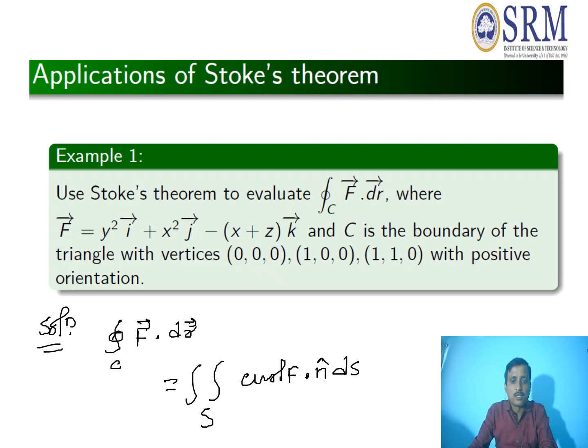So here this LHS is there, and you evaluate this RHS surface integration value. First of all we need to evaluate curl of F, and what is n and what is dS. These three things you have to identify, then only you can evaluate this surface integration.